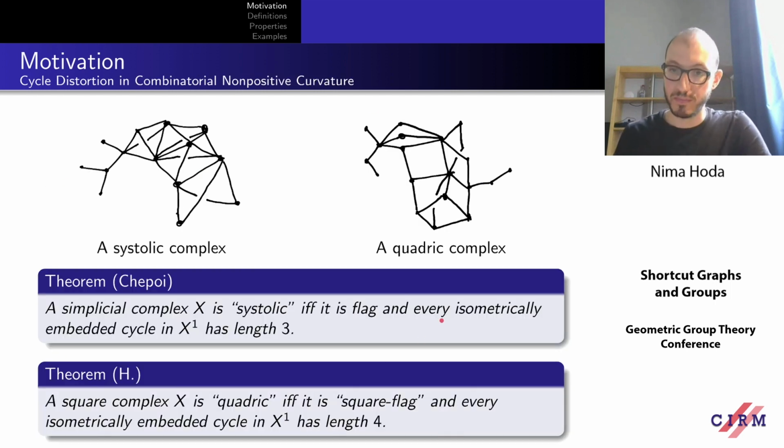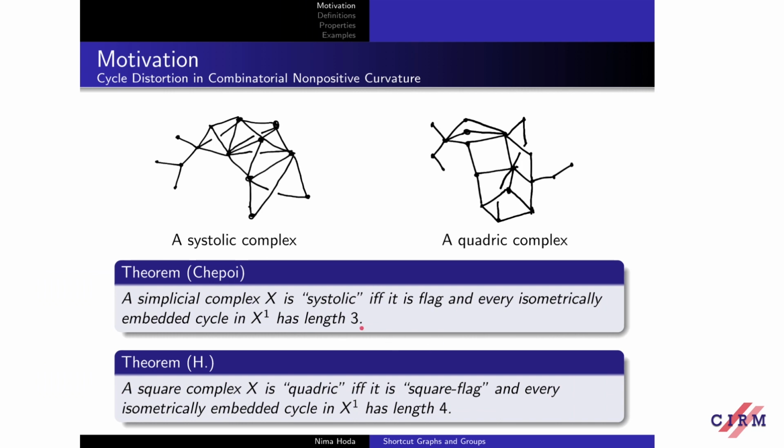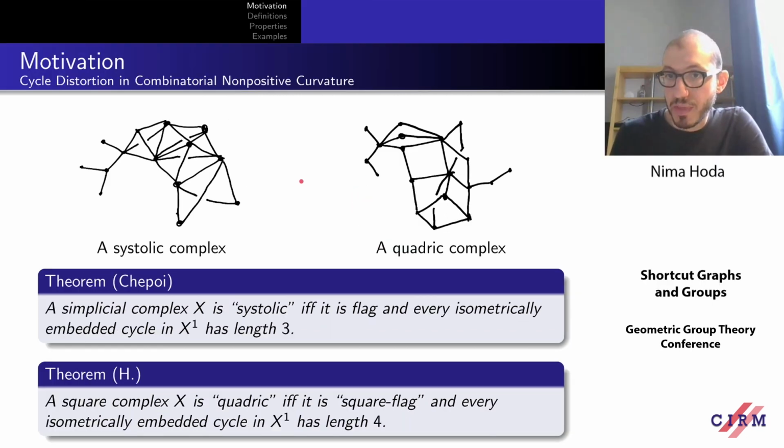The other bit of motivation I wanted to share comes from the world of combinatorial non-positive curvature. Systolic and quadratic complexes are complexes that have shown up in the metric graph theory literature for their metric properties, and in the geometric group theory literature for their interactions with the groups that act on them and the consequences that they have for those groups.